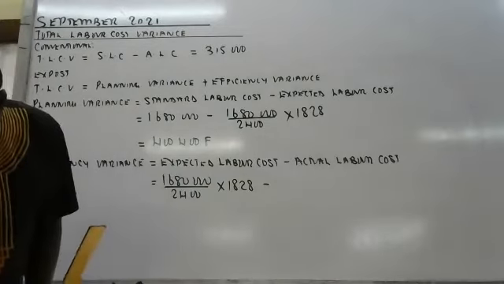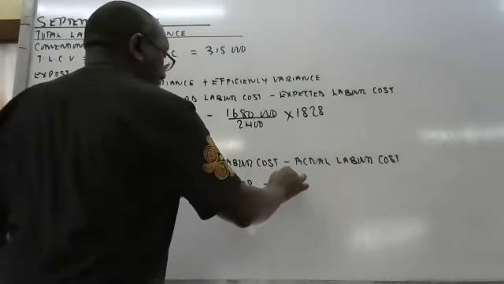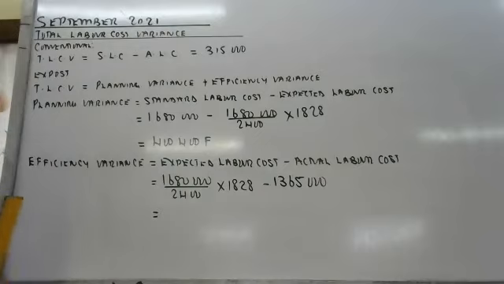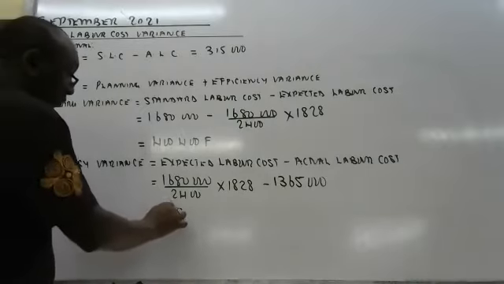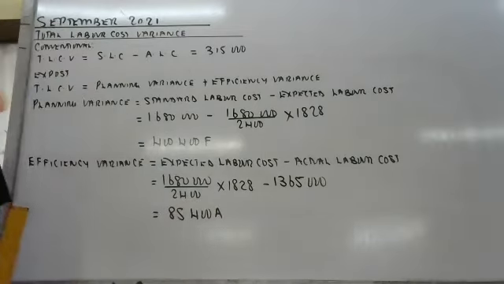That's how we get the actual results. Look at the actual labor cost, it was 1365,000. So the result is 400. If it is negative, that is adverse, because it means actual is higher than the expected.